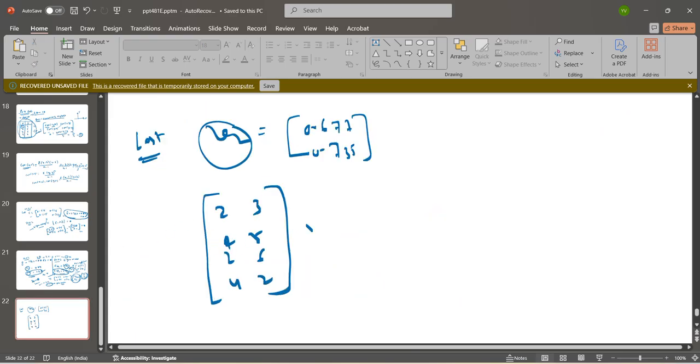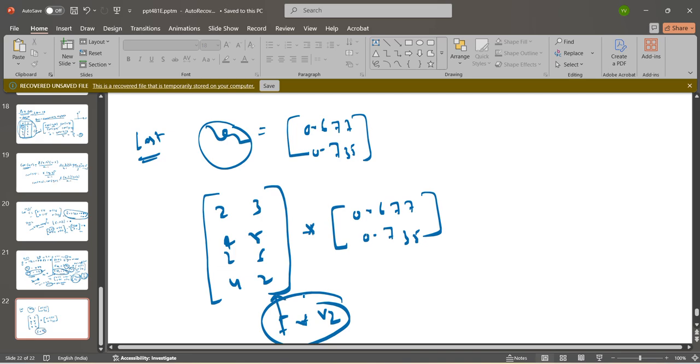These are the points. I have to multiply with this particular 0.677, 0.735. If I do the multiplication, this is what we call F star V2. F represents the data set. We represent the optimal principal component value.